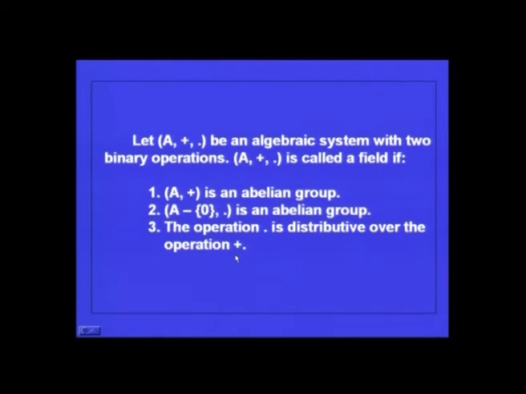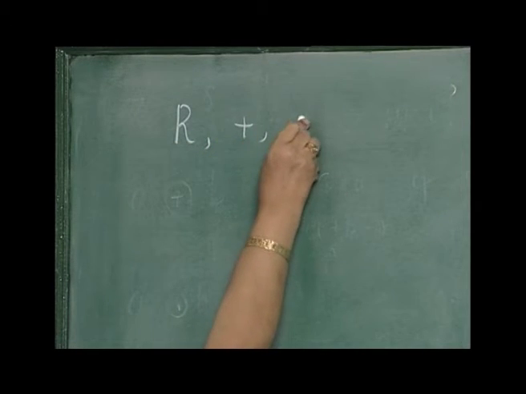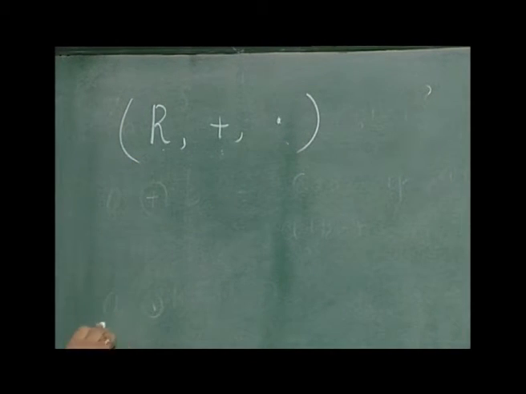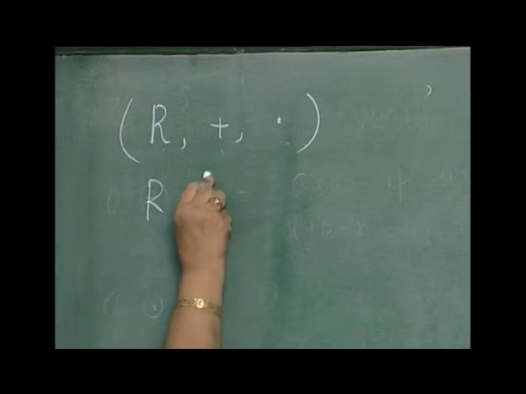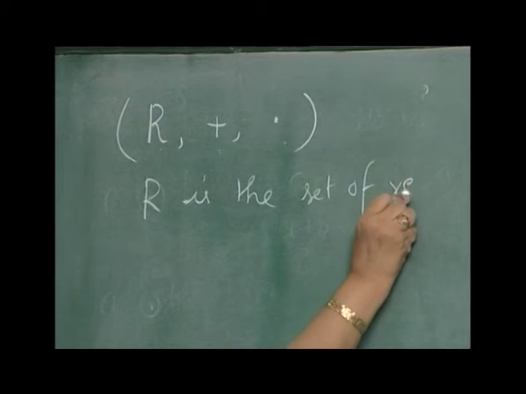Consider the set of real numbers, with the plus operation and the dot, that is addition and multiplication. R is the set of real numbers.